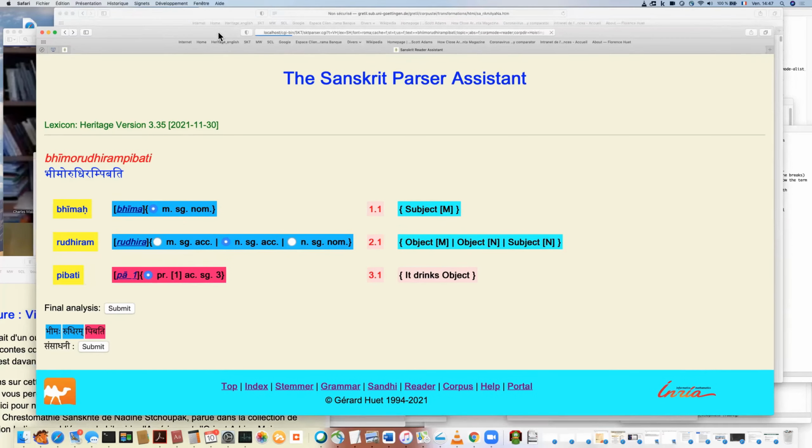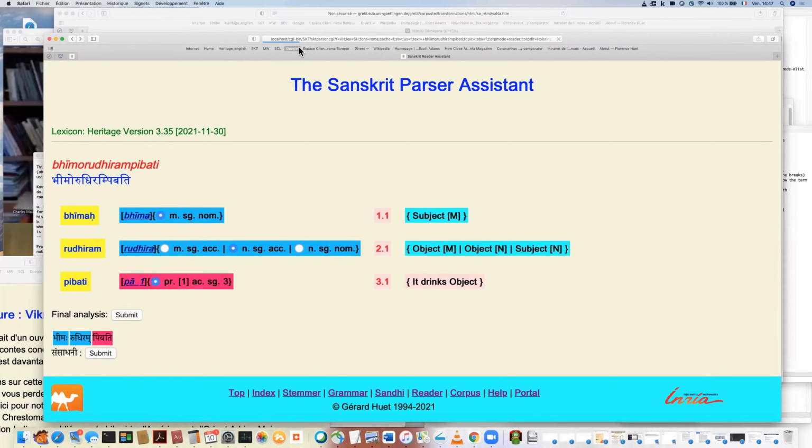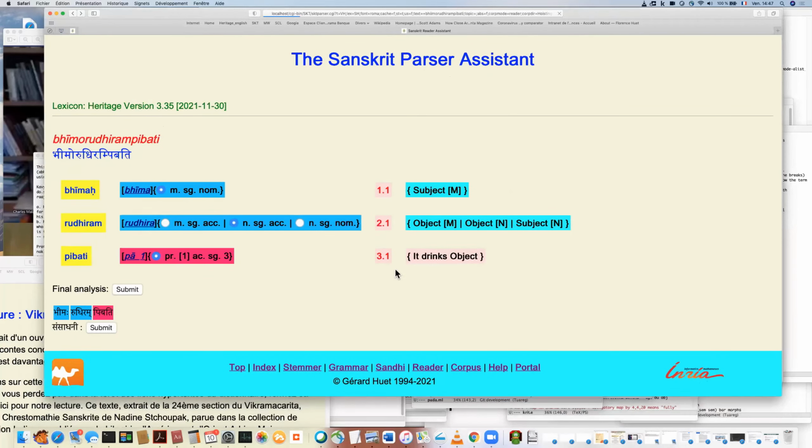See here on the line, it's scratching its head with the parser, and hopefully it will arrive at some proposal.